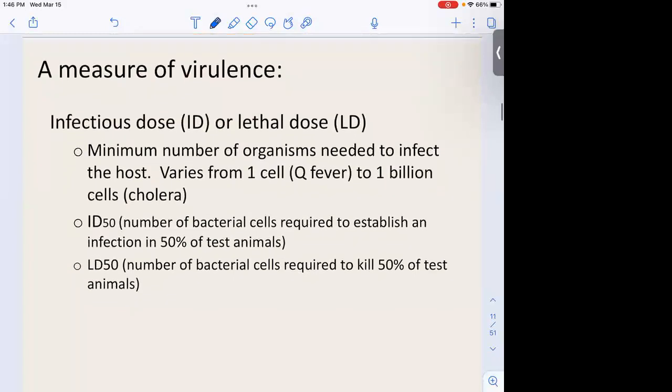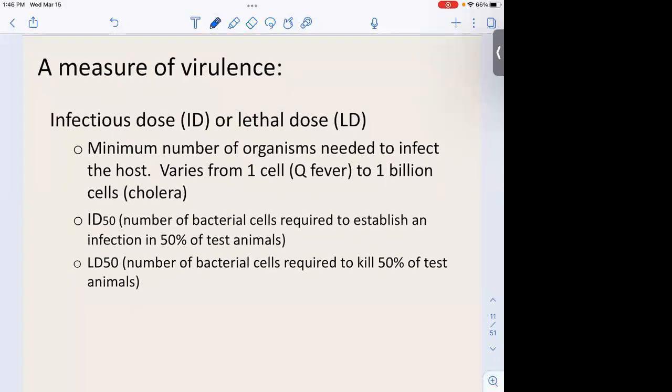Okay, one way that sometimes we measure virulence is by the infectious dose, or sometimes we represent that as lethal dose, because in a test animal, it's sometimes a little difficult to tell if they're sick or not. You can tell whether they're dead or not pretty easily. So for infections that we have good animal models, infectious dose is the minimum number of organisms needed to infect the host.